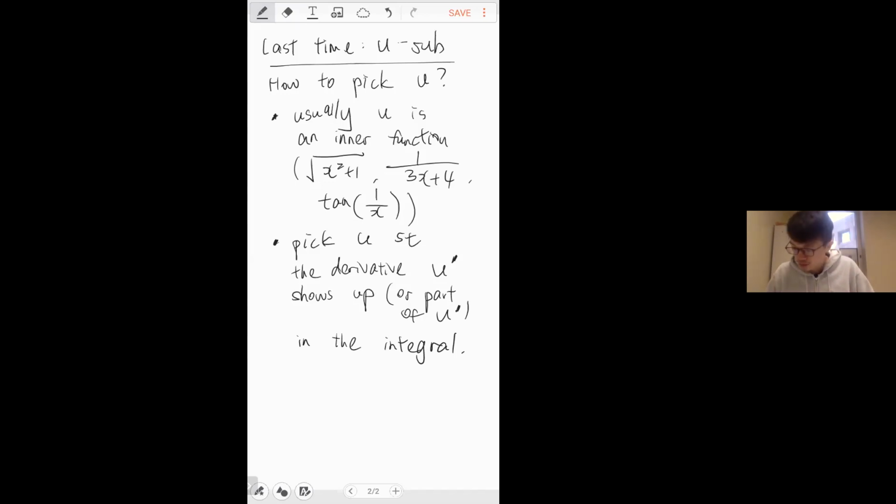Okay, so let's do some examples. I want to compute the integral of 7x times the square root of x minus 5. What do you think I can pick my u function to be?